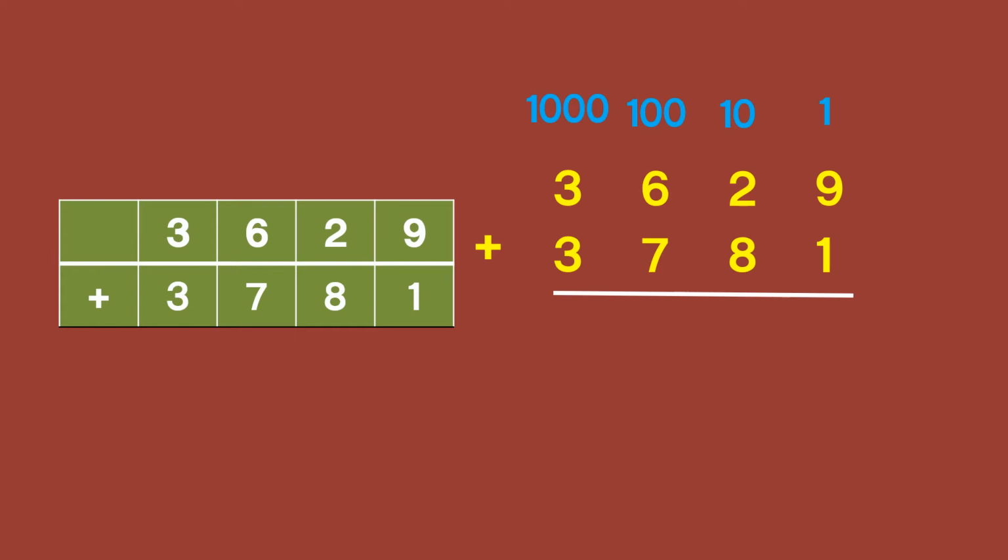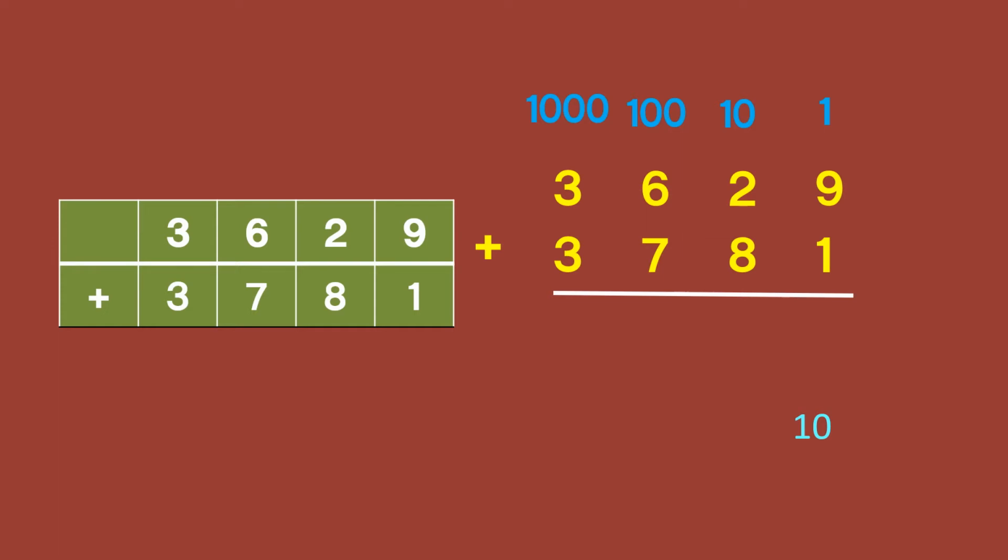Right. We'll start with the ones place. 9 plus 1. So that is 10. So can I mention 10 under ones place? No, we can't. Isn't that so? So I have to give the bundle of tens to tens place. Therefore, here I have got one bundle of tens.